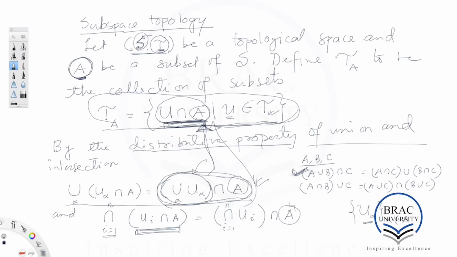So we're talking about a finite collection of open sets, and the intersection of a finite collection of open sets from tau is again open.